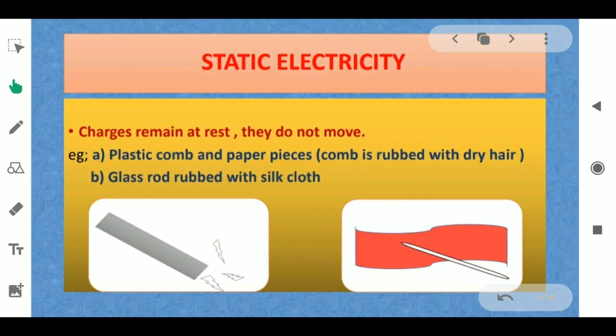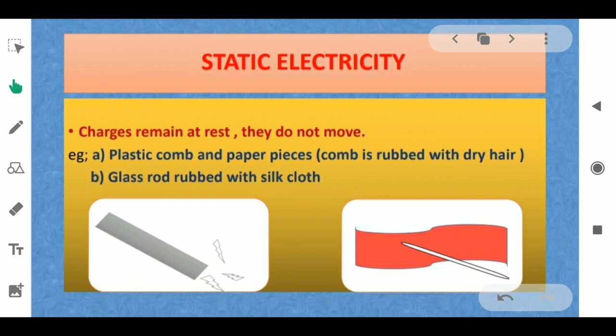After rubbing with the hair, the charges get transferred from the hair to the plastic comb. So the plastic comb acquired some amount of charge from the dry hair. Due to the presence of that acquired charge, the paper pieces get attracted to the plastic comb. In this situation, static electricity plays an important role.